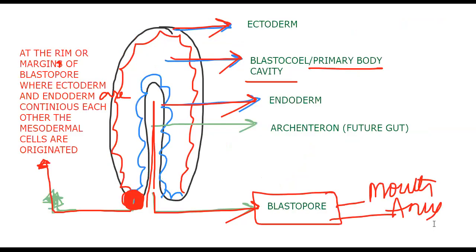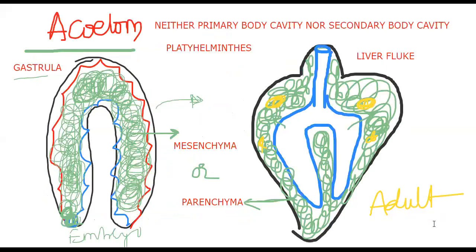So first of all, I explained about the gastrula stage as outer layer ectoderm, inner layer endoderm, and in between them the cavity, blastocoel or primary body cavity. I said that at the rim or margin of the blastopore, where ectoderm and endoderm are continuous with each other, mesodermal cells originate.